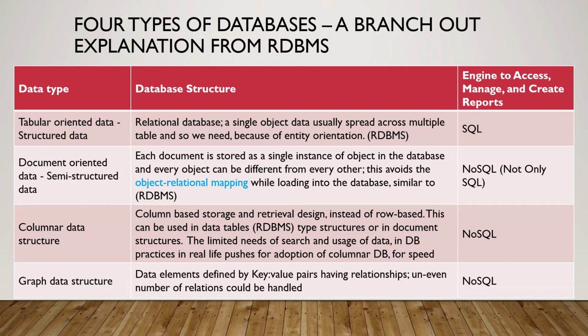Instead of identifying rows as the fundamental storage method for managing, accessing, and utilizing data, if we use columns as the fundamental storage method, people realize that has a lot more practical implications for speed, because oftentimes only some specific columns are accessed, and not the whole row has to be read and then subselected for specific elements. So column database also came into play. Again, it is a NoSQL.